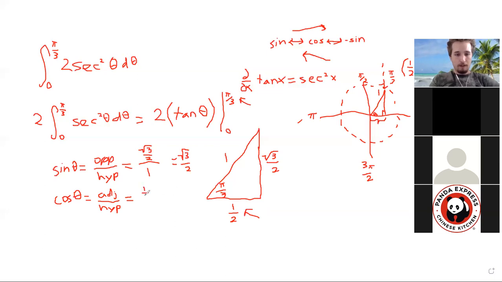And again, our hypotenuse is always going to be 1 on the unit circle. And you just get 1/2. So the whole point of the unit circle is that our x value is always our cosine, and our y value is always our sine, because the hypotenuse is always 1.